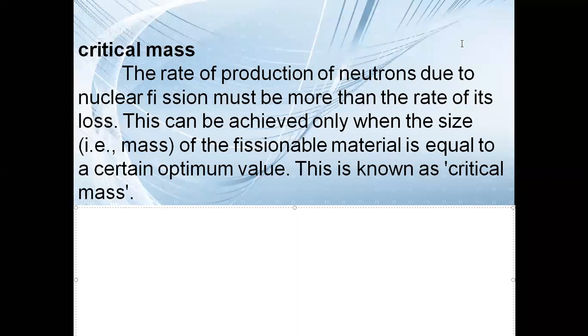During nuclear fission, 2 or 3 neutrons are released, but these neutrons do not all produce further fission. Some neutrons are absorbed by a neutron absorber or escape from the system. This is called leakage of neutrons.